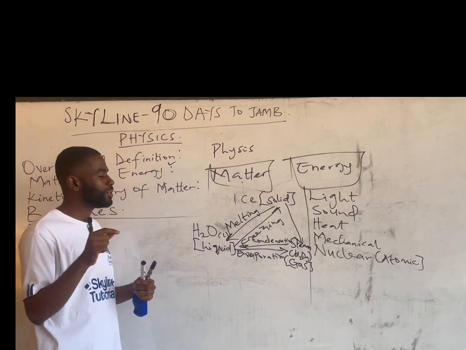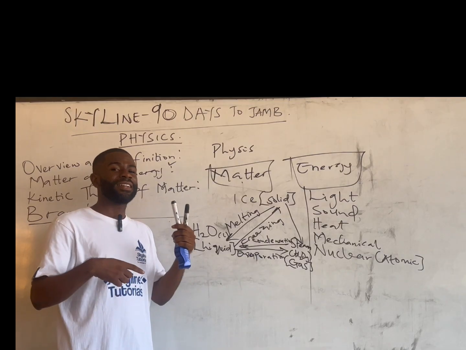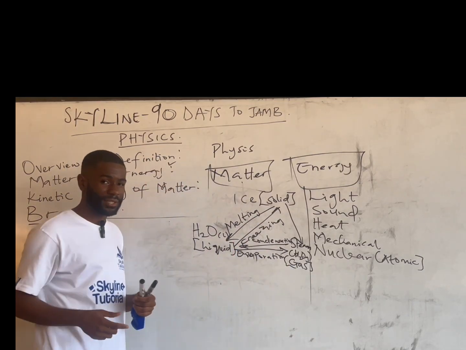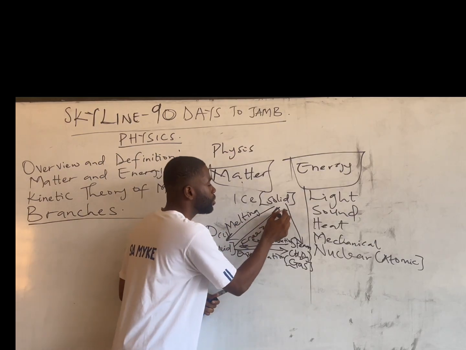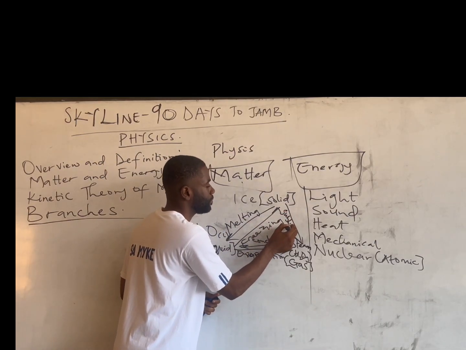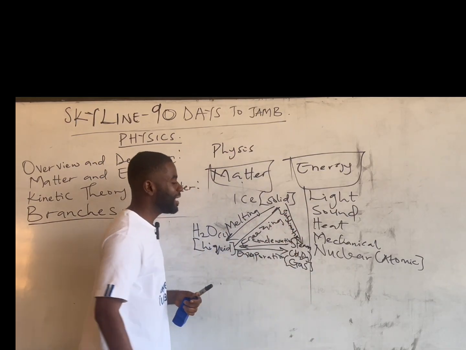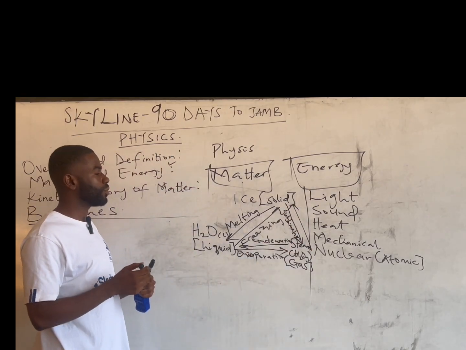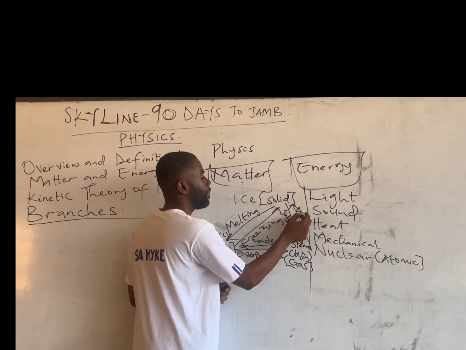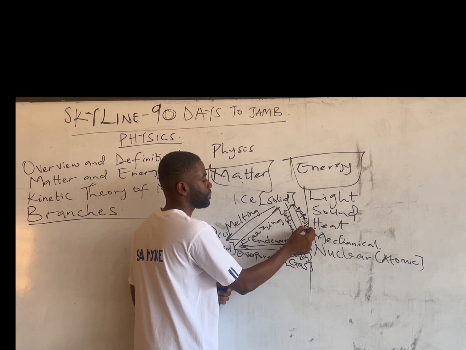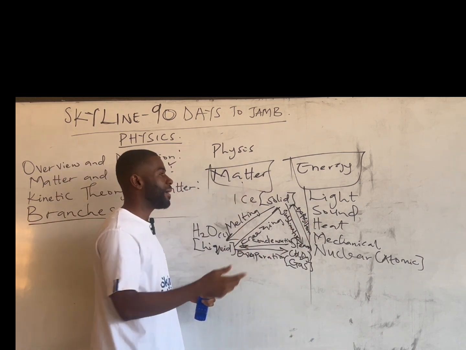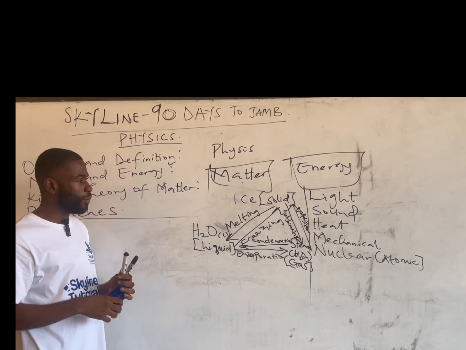What happens basically is the camphor is directly changing state from the solid to the gaseous state, and that process is called sublimation. And the last change that matter can undergo is a change of state from gas to solid in a process called deposition. Ladies and gentlemen, these are the various changes that matter can undergo.